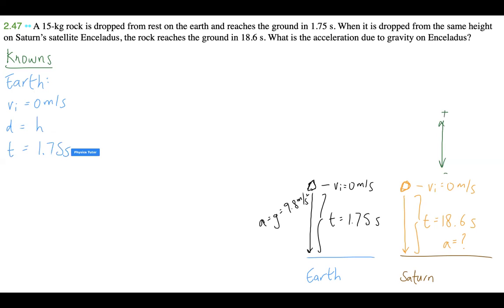And the acceleration due to gravity is downwards. I'm going to call gravity on Earth GE, and that's minus 9.8 meters per second squared. We're going to automatically end up with a minus h because of the nature of the question. Those are our knowns for Earth.